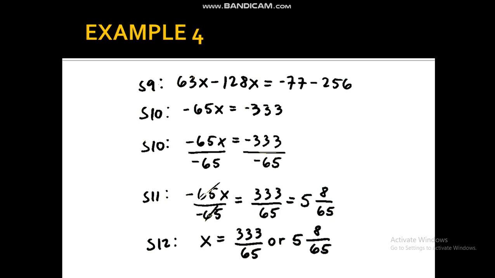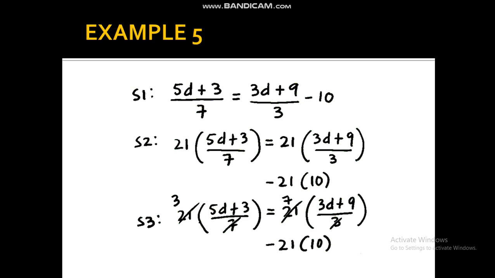And in step 11, we have the improper fraction 333/65 that is also equal to the mixed number 5 and 8/65. So in step 12, the final answer for x can be an improper fraction 333/65 or the mixed number 5 and 8/65.